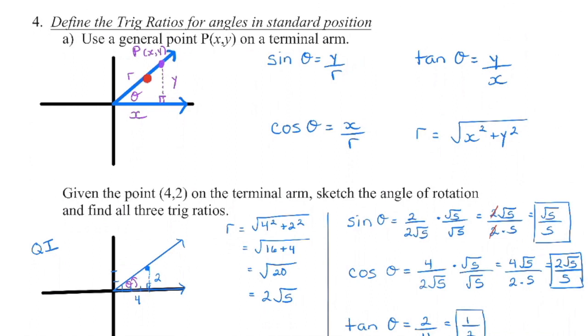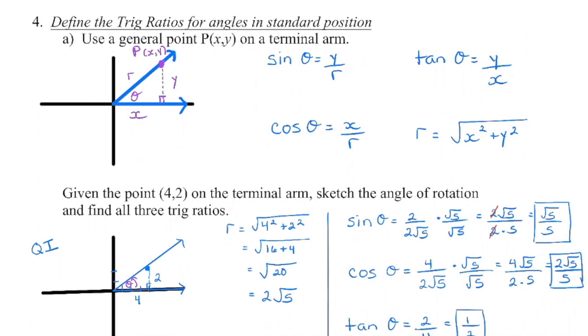This hypotenuse of the triangle, we use an r to label because it actually is the radius of a circle. So if you imagine our initial arm is here, if we were to rotate all the way around, we form a circle. And so this is actually the radius of the circle.